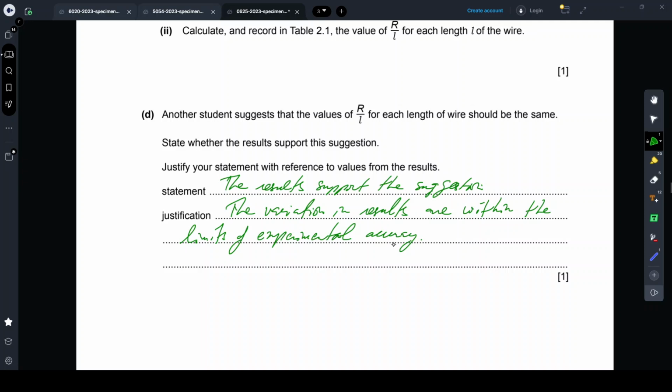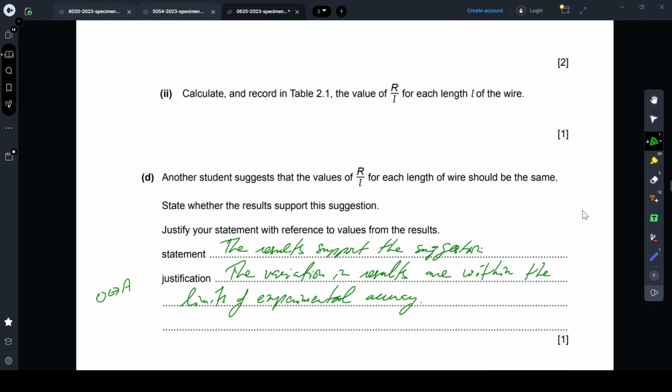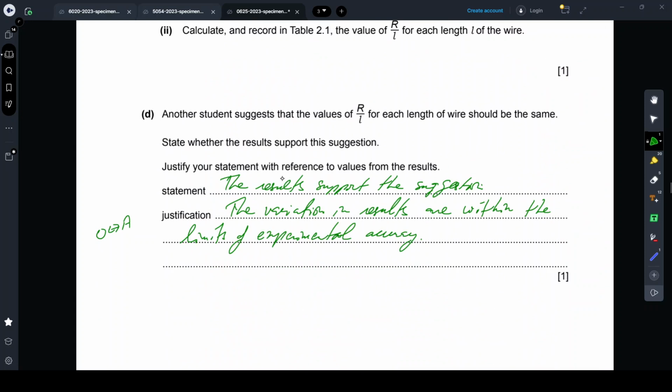Accuracy means how close the observed value is to the actual value. So they're close enough. That's what accuracy means.